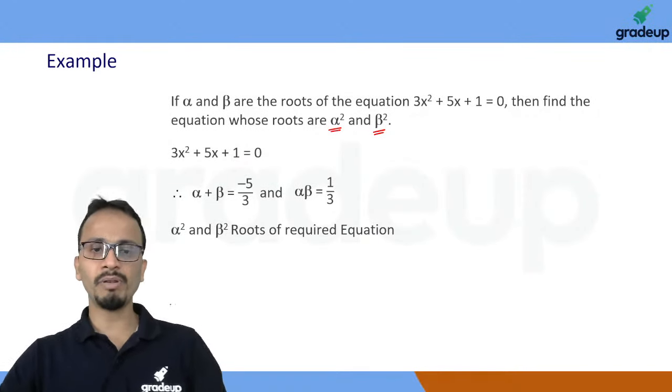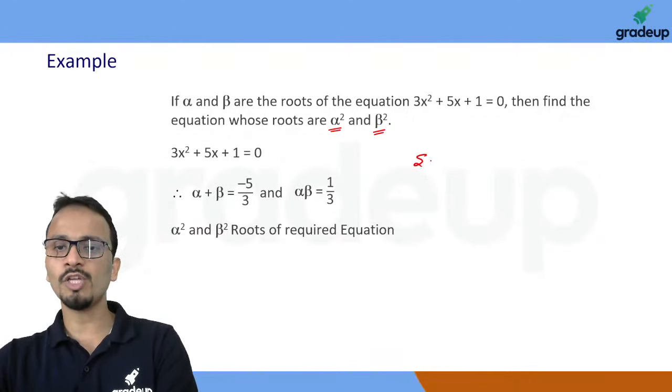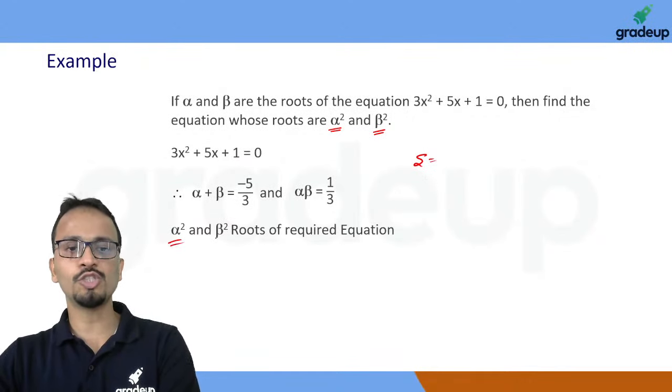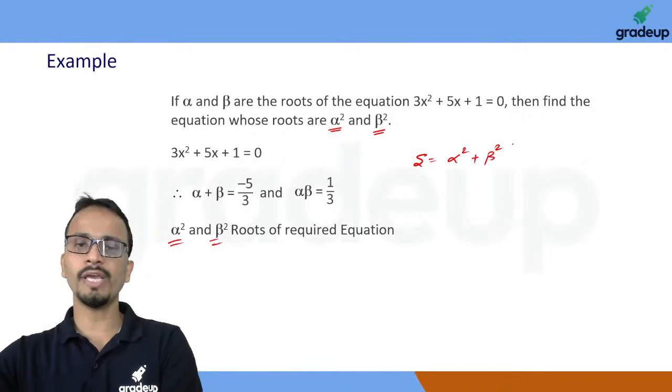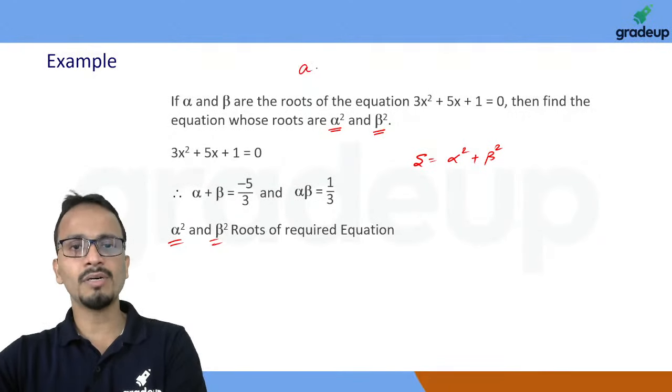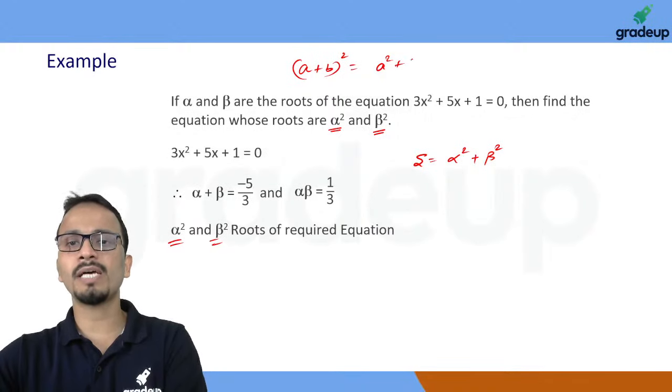Now I want to simplify this so that you will understand everything. If you know the formula, a plus b whole square is a square plus b square plus 2ab.